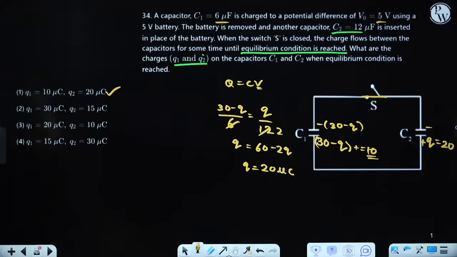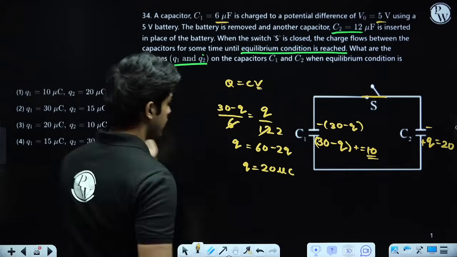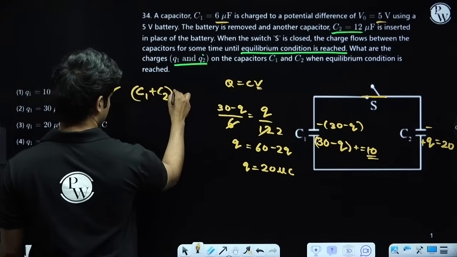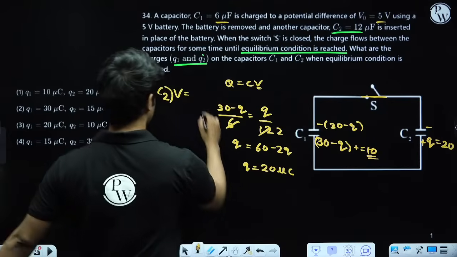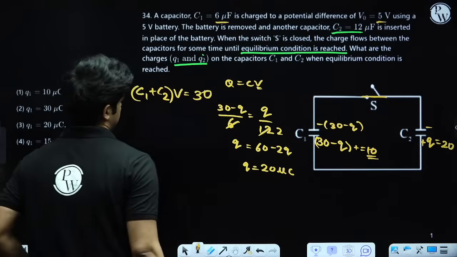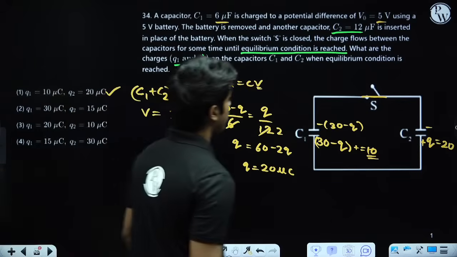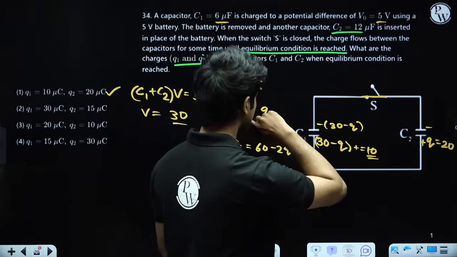Yeah, common potential is what we used. I think you're talking about C1 plus C2 into V equals 30, and you get V equals 30 divided by C1 plus C2.